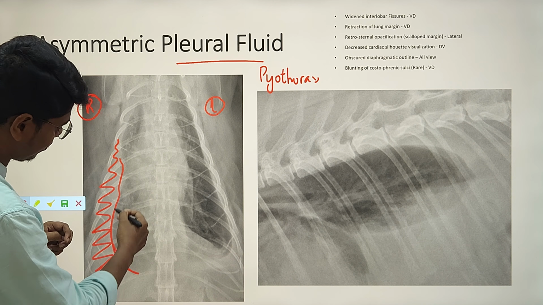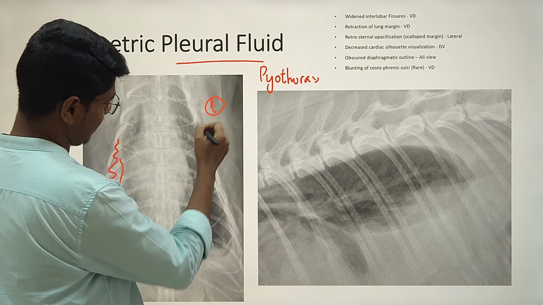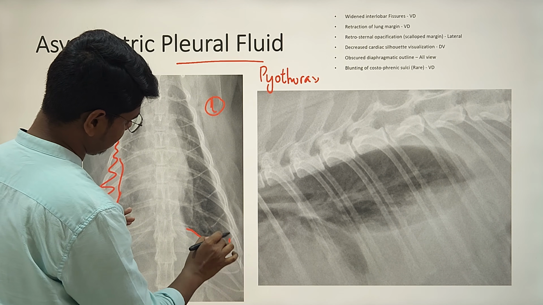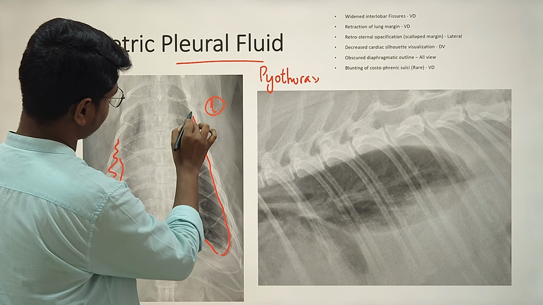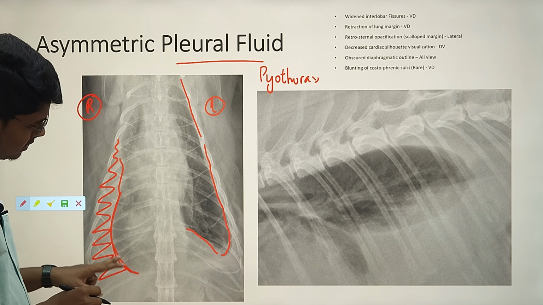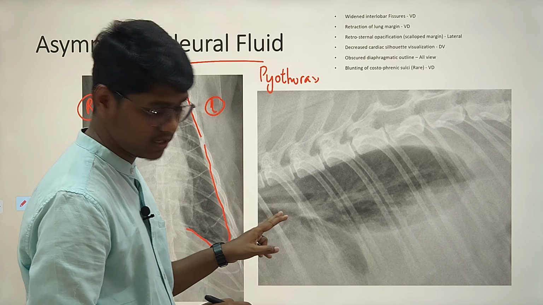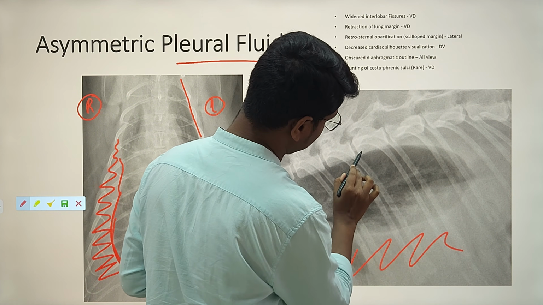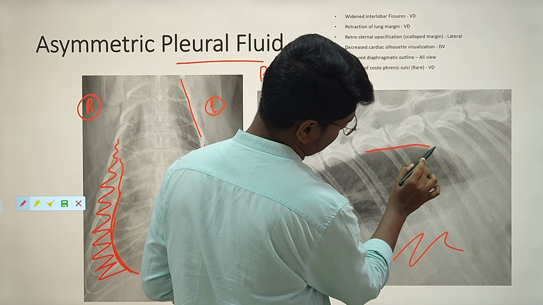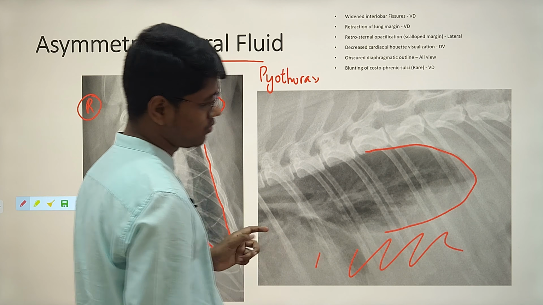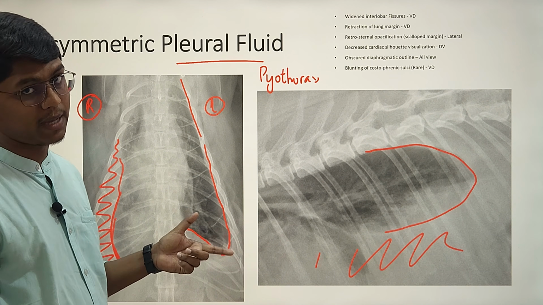It has a very smooth margin, but the left side is kind of fine, up to some extent fine. Okay, this is fine, but remember I told you this is a smooth margin. When you go for lateral view, you can see that there is a retrosternal opacification, right? But can you see the margins? Actually it is kind of round. It shows there is pleural fibrosis.